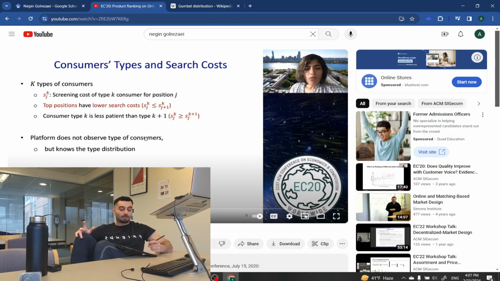Some consumers do not know that they want something, and once they see that there exists such a thing, they buy it. So targeted advertising is good in a sense, but in another sense it may not be good.